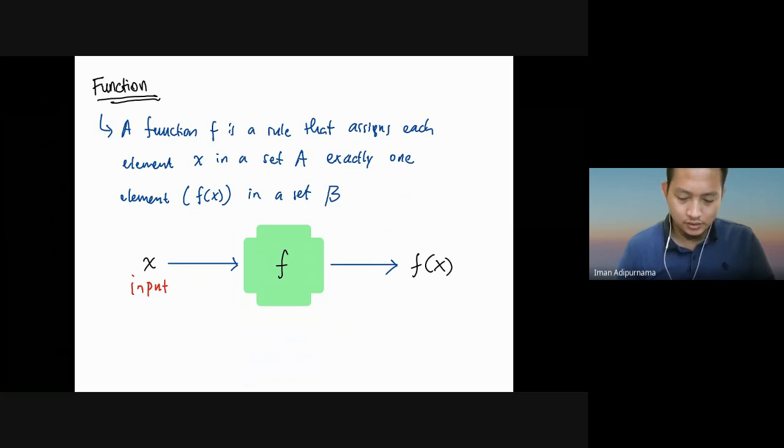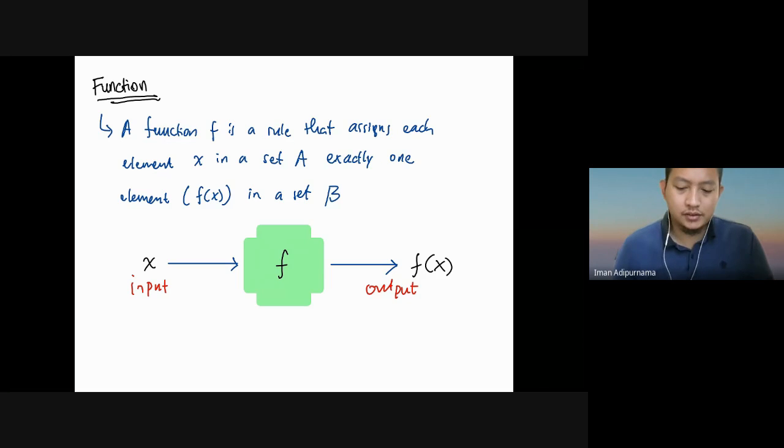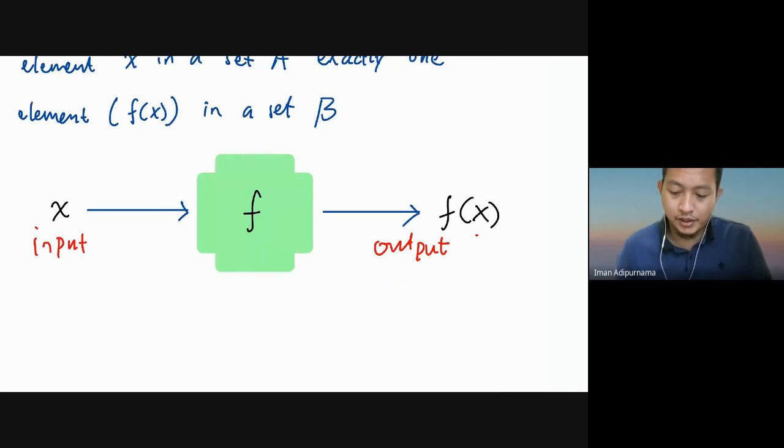Input and output. So f is like a rule, a process machine: when you put something inside, another element comes out, which still brings the original element x.